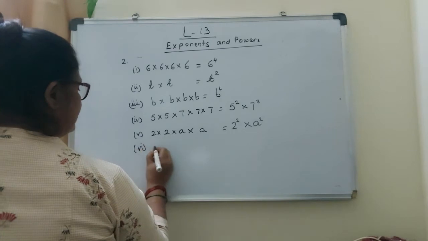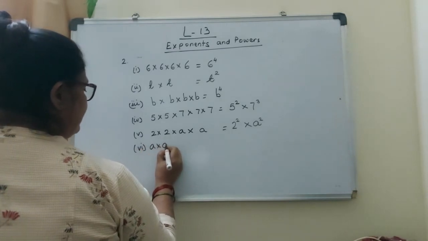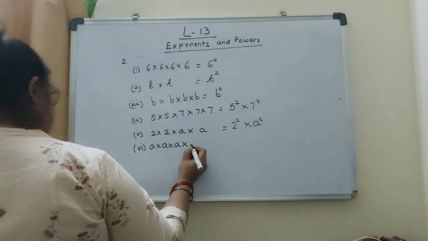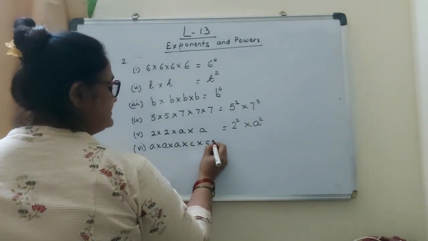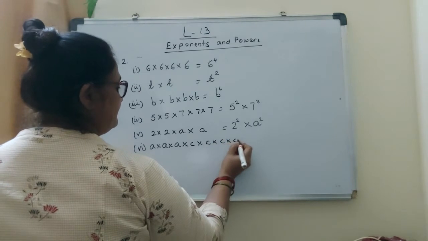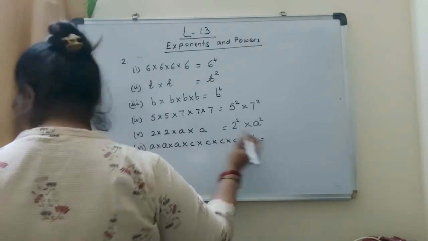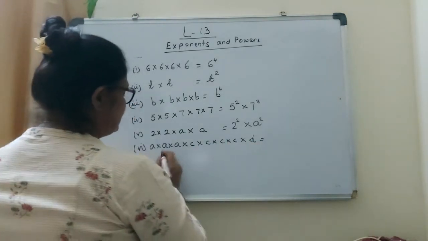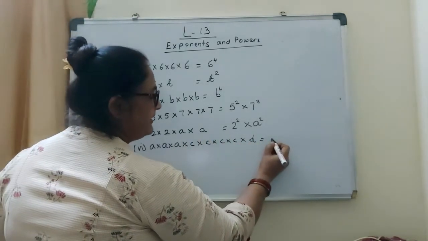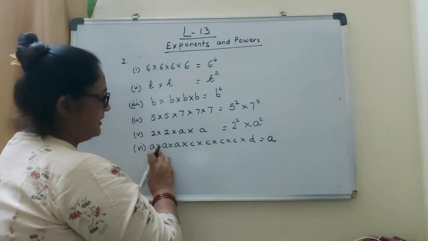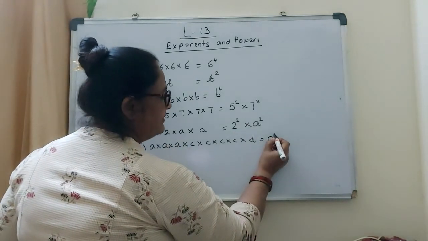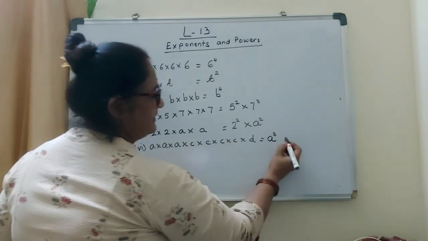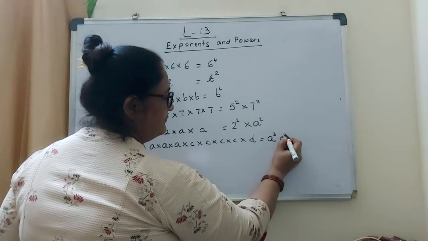Number 6. A multiplied by A multiplied by A multiplied by C multiplied by C multiplied by C multiplied by C multiplied by D. Okay. Now in this case, A is being multiplied. A is coming how many times? 1, 2, 3. C is coming 1, 2, 3, 4 times.